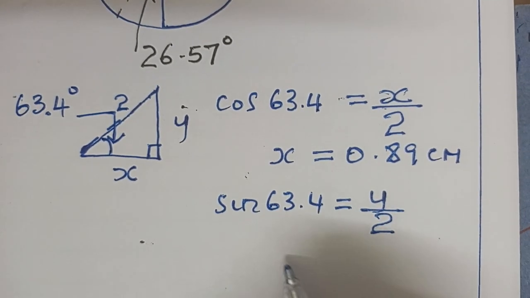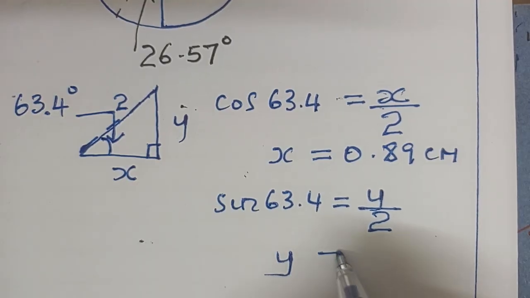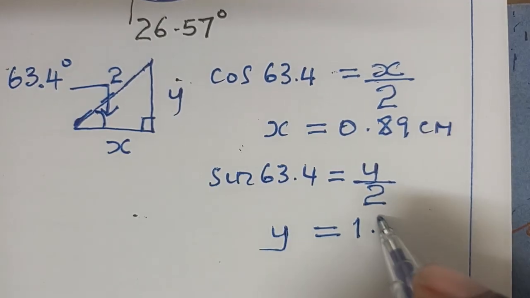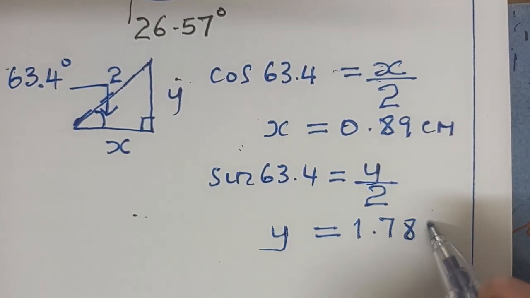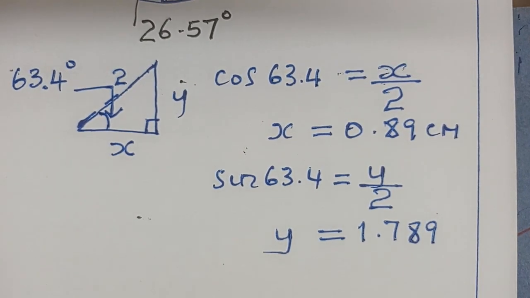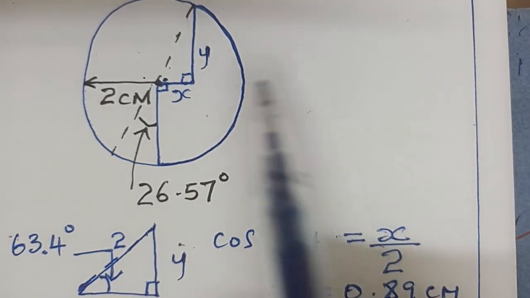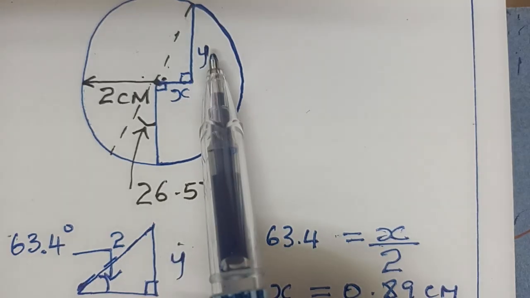Guys, for y, you are going to have y equals 2 times sine 63.4. If you multiply that, you have 1.789. And so guys, now we've been able to establish two values, that is of x and y.